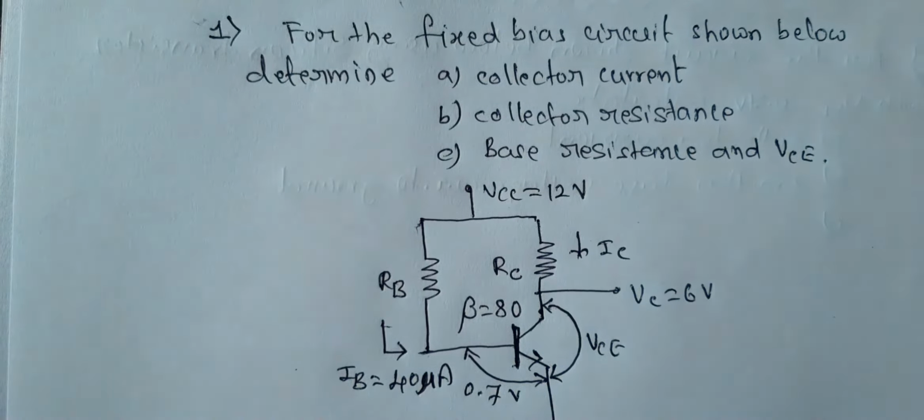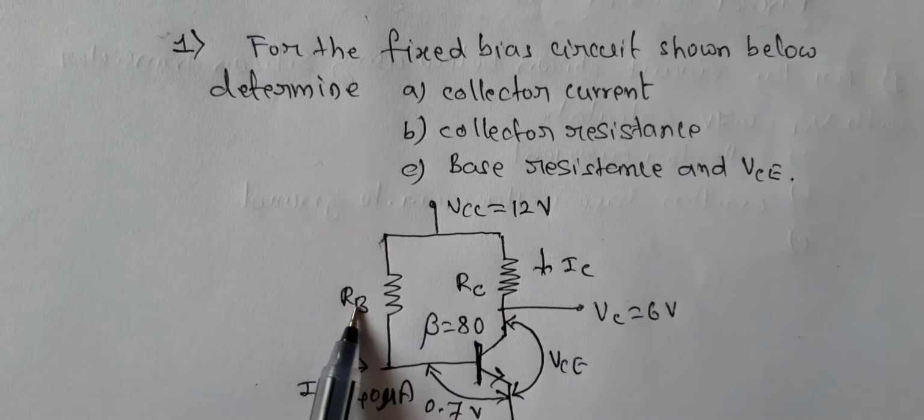For the fixed bias circuit shown below, determine the collector current, that is IC, the collector resistance, that is RC, and the base resistance, that is RB.